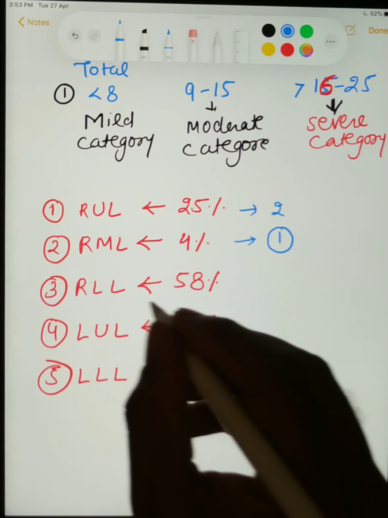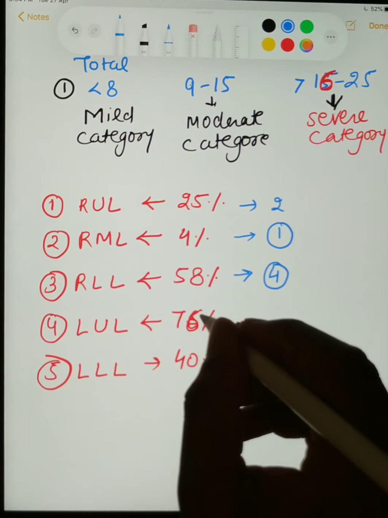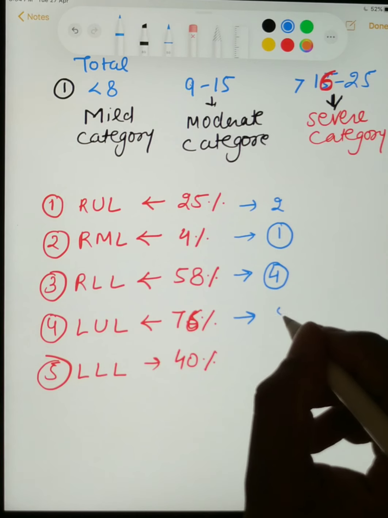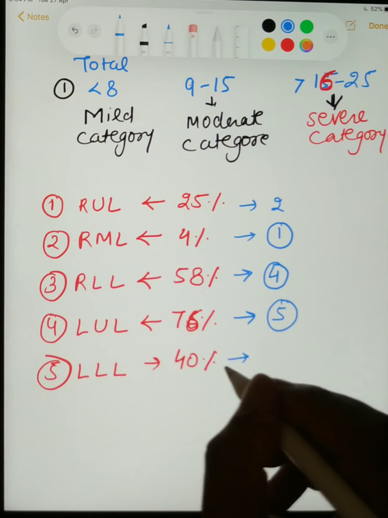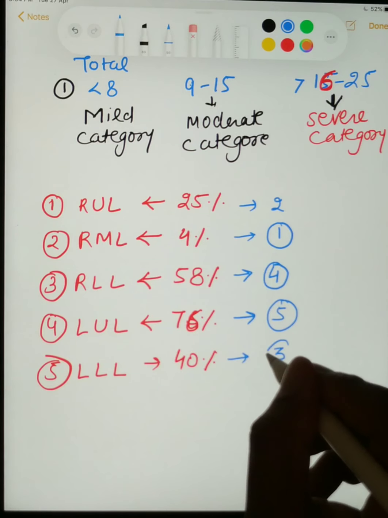In right lower lobe, involvement is more than 50%, which comes in the category of 50 to 75%, which has been given the score of 4. Left upper lobe is involved 76%, which comes in the category of more than 75%, so it will be given a score 5. Left lower lobe involvement comes between 25 to 50%, which has been given the score of 3.